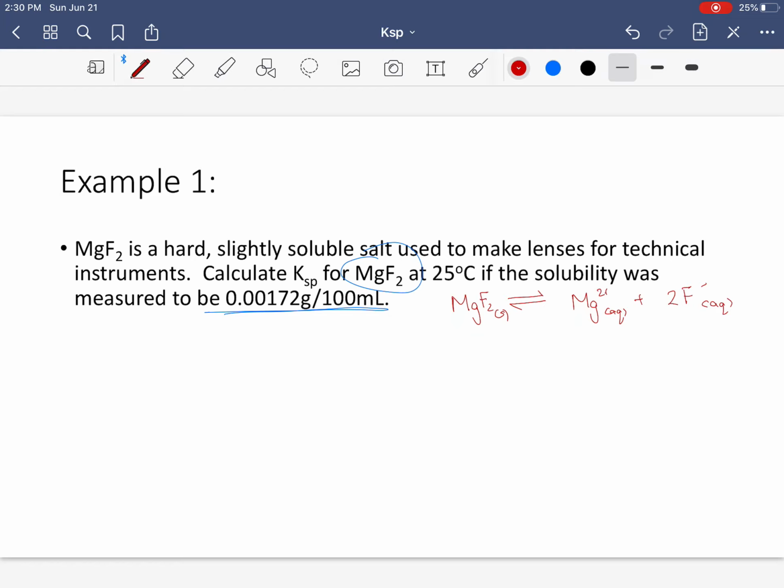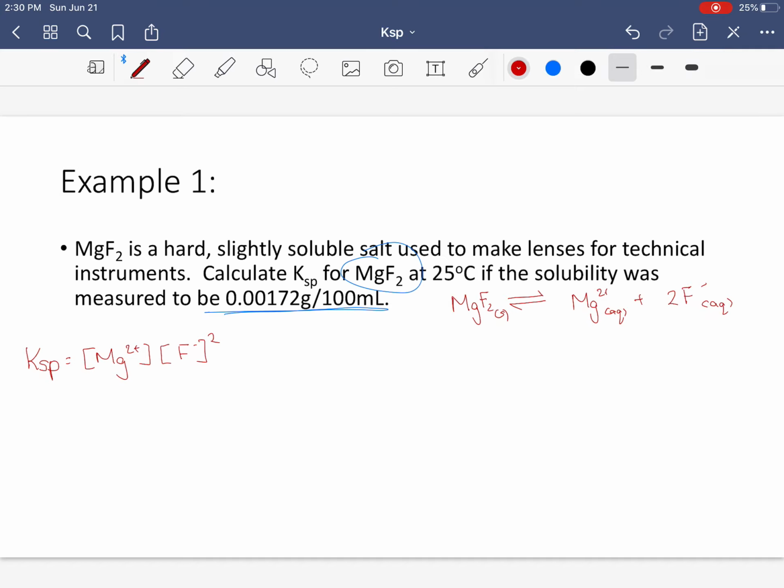So what's the Ksp expression? I might want to save this space. The Ksp expression is Mg2+ times F- squared. That's my Ksp expression for magnesium fluoride.